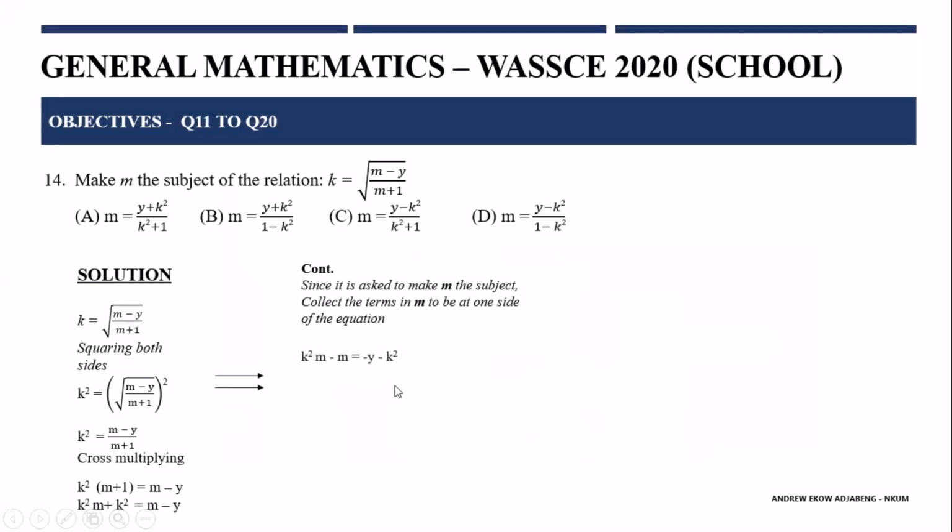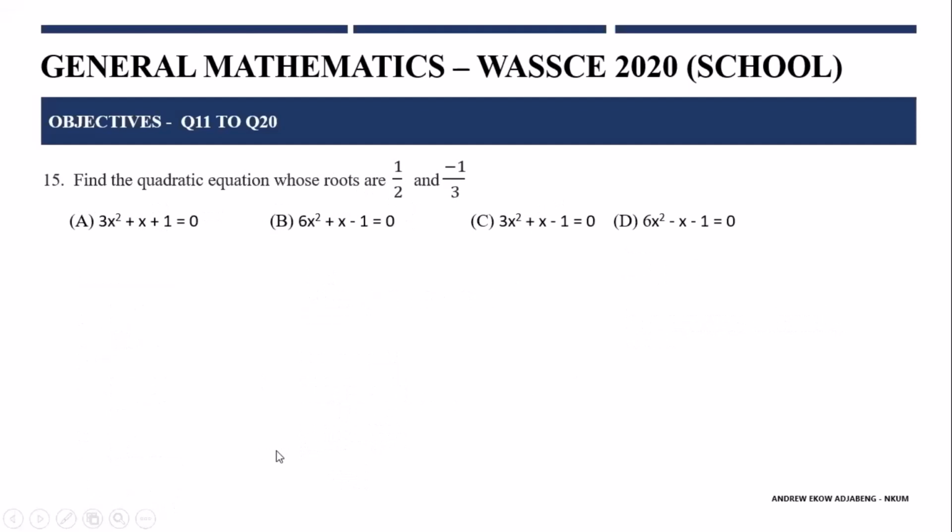When we simplify that, we can factor out the m, leaving us m times (k squared minus 1) equals negative (y minus k squared). We divide through by k squared minus 1, as we can see here.